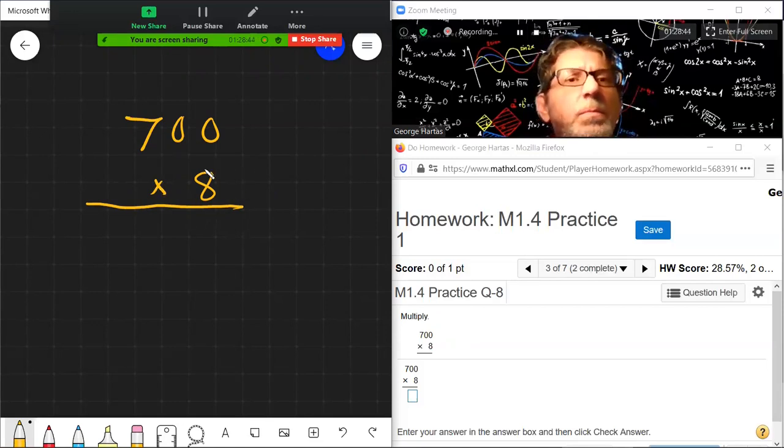First, we're going to multiply the 8 with this digit, which is in the ones column. Then I'm going to multiply the 8 with this digit, which is in the tens column. Then we're going to multiply the 8 with the 7, which is in the hundreds column. So here we go. 8 times 0 is 0. 8 times 0 is 0. 8 times 7 is 56.